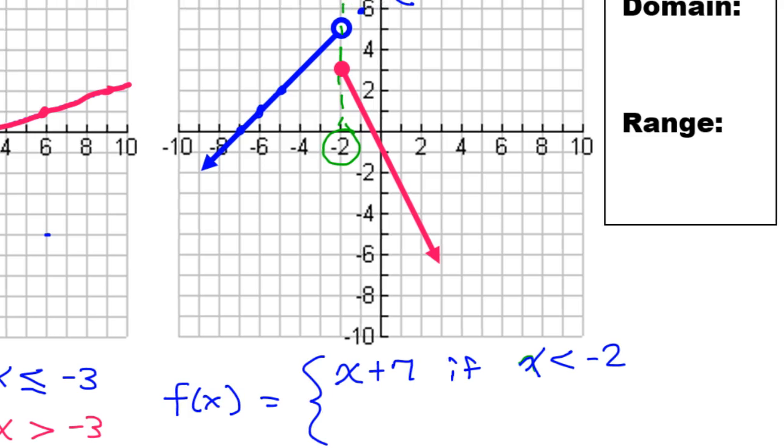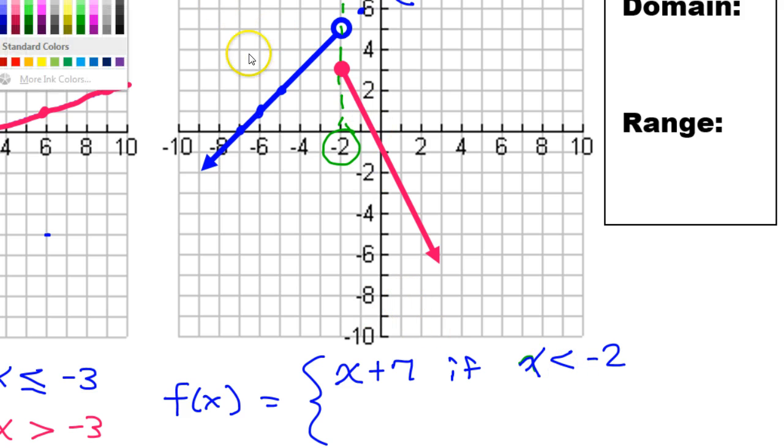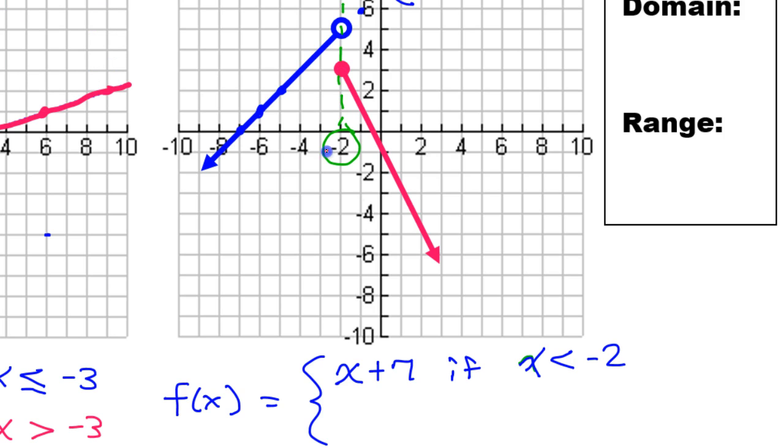On this one, it does matter because we specifically have an open circle and a closed circle. The open circle means that this point is not included. -2 is not included. So you will not put or equal to on here. When we do the red function, we will because it's a closed circle here.